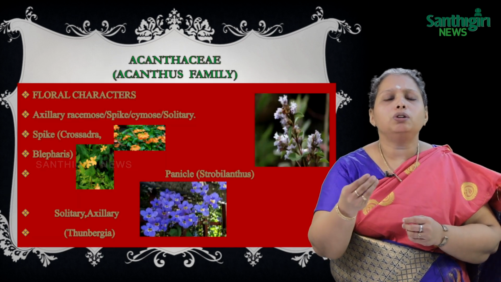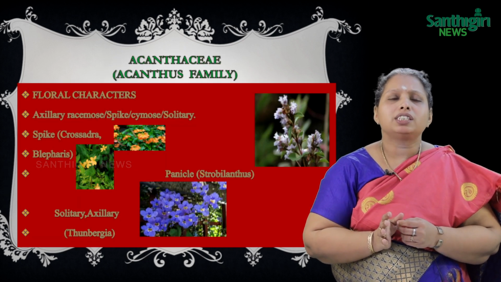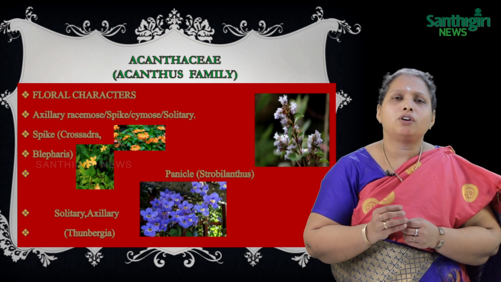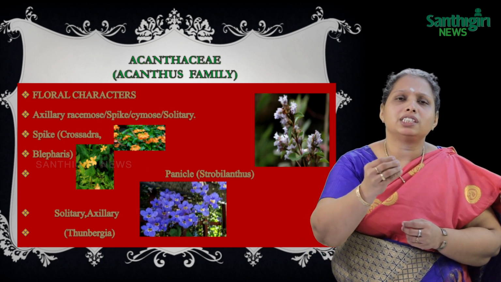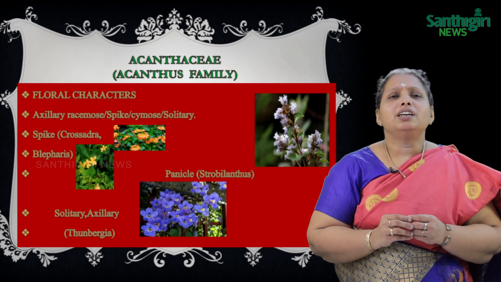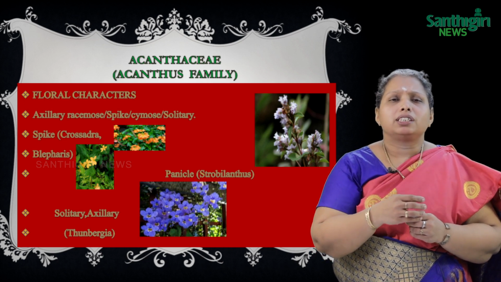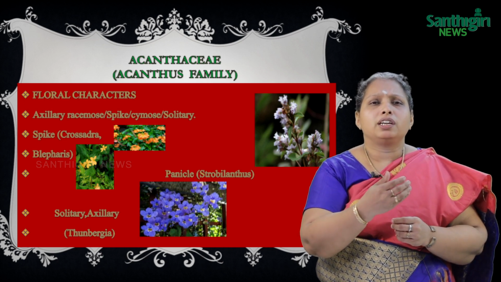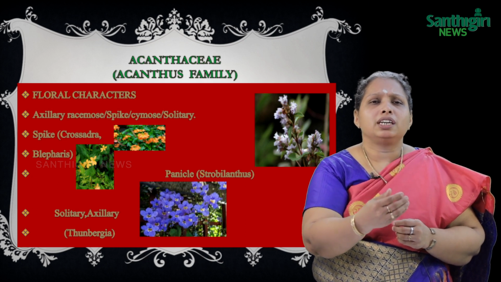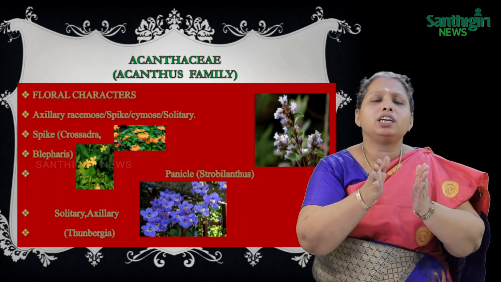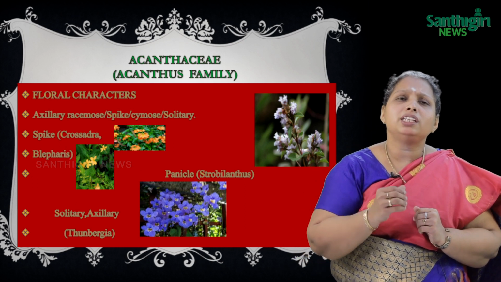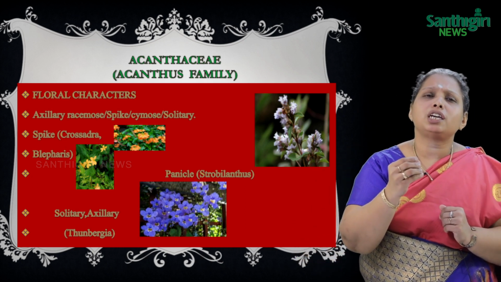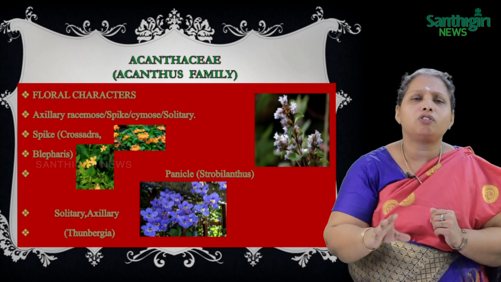Then pass on to floral features. Which are the floral features? Under floral features, first heading is inflorescence. In other families, like Umbelliferae or Asteraceae, a prominent or typical inflorescence is found. But in Acanthaceae, that type of typical inflorescence is not found.